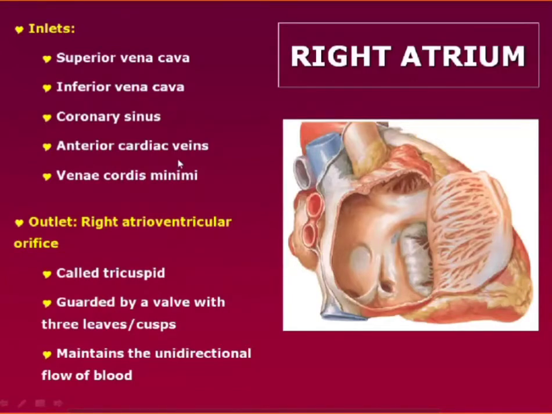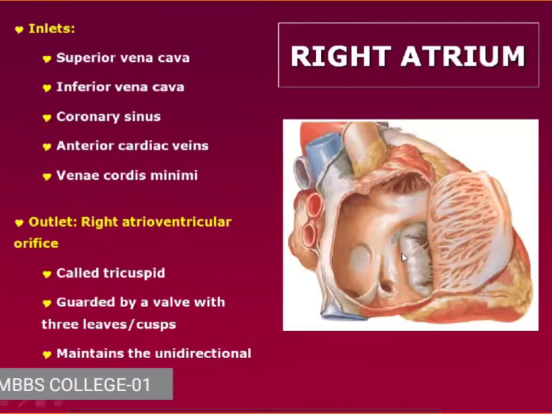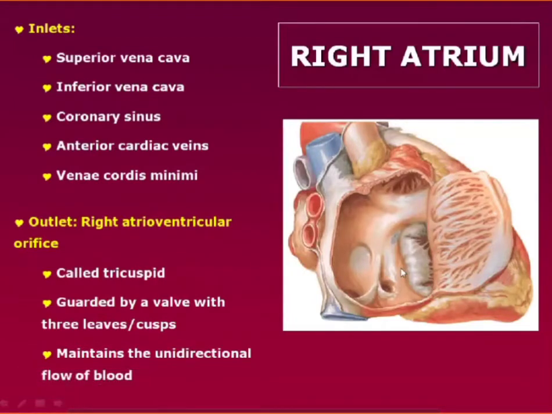And from the right atrium, how does the blood enter into the right ventricle? It is entering through the right atrioventricular orifice. And this right atrioventricular orifice, you can see here, is guarded by three valves.